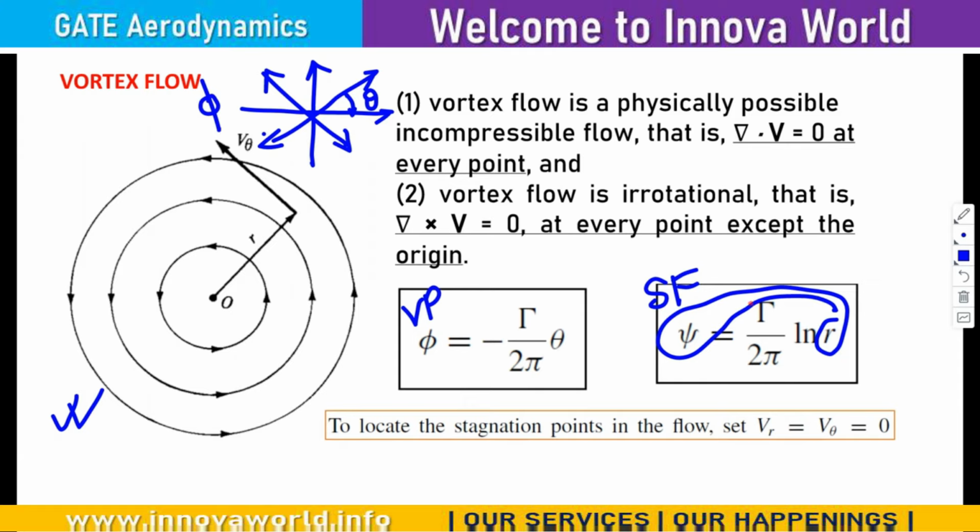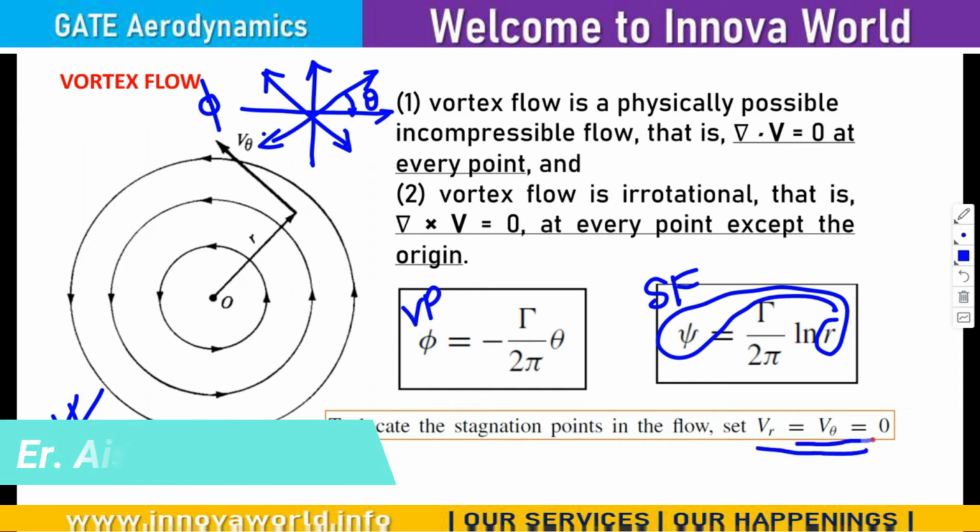Now to obtain the VR and V theta value, you have to set them to 0 to obtain the stagnation point.